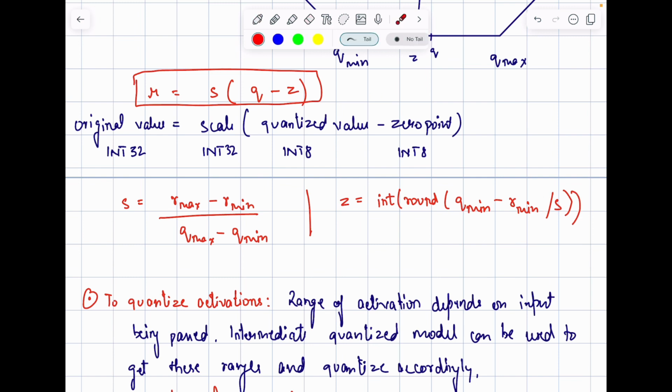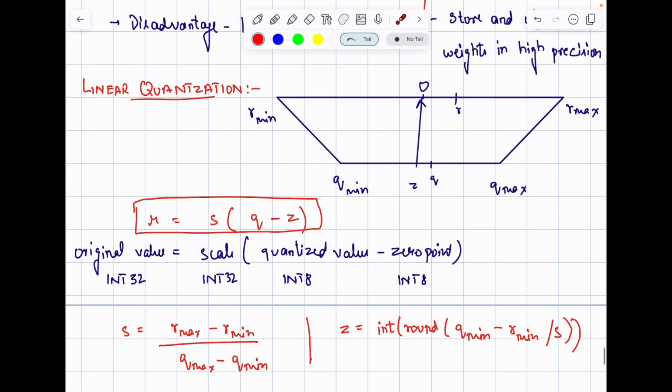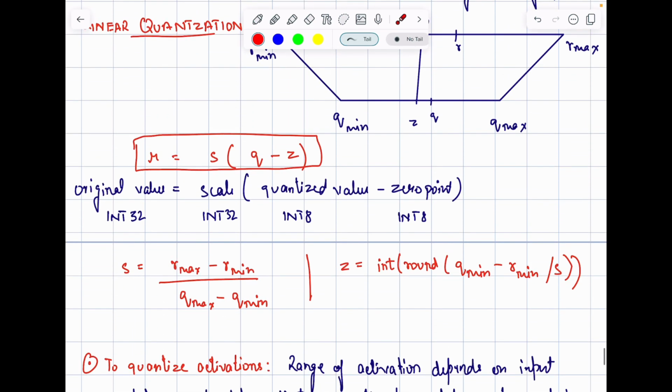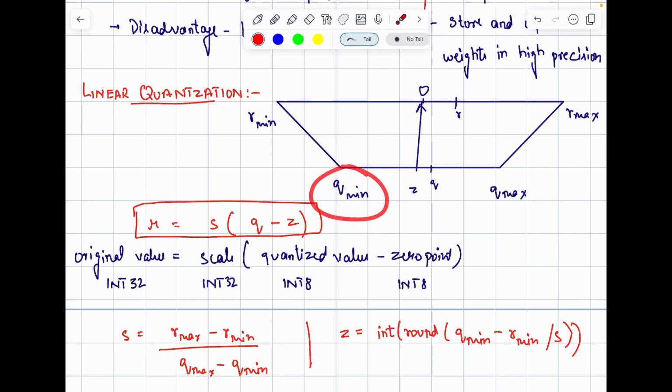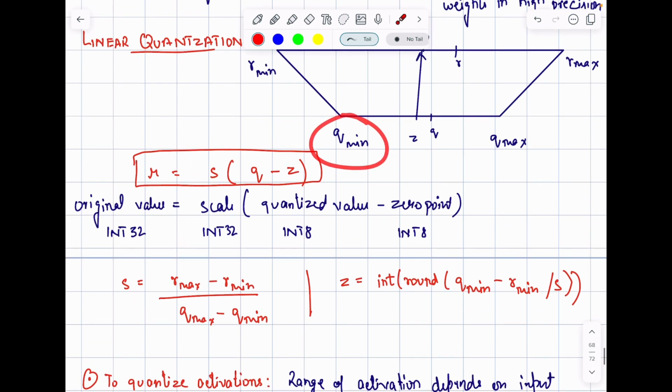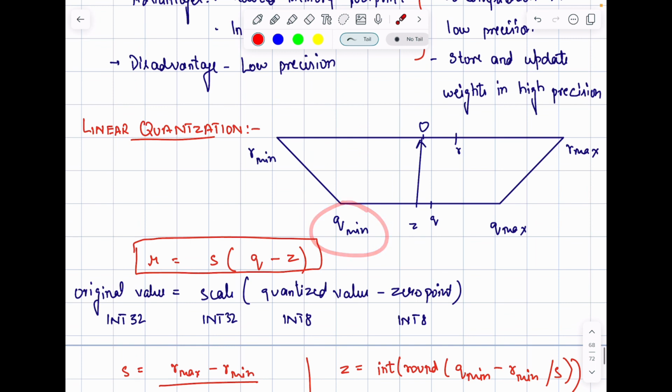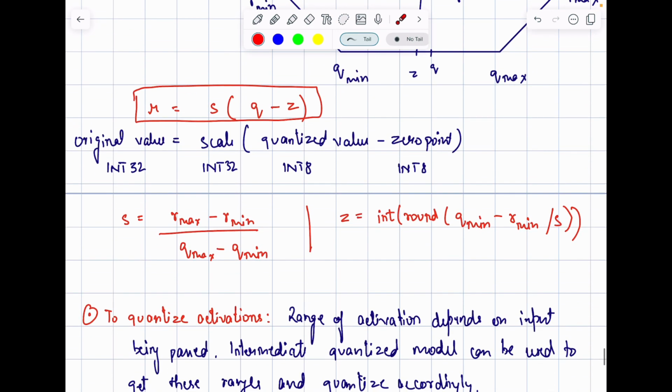Okay, so what does that mean? That means that the 0 point in the quantized line is represented by taking the Qmin and subtracting Rmin divided by S. So Qmin minus Rmin divided by S, you round it and take the integer, because it is represented using an integer in the quantized scale.